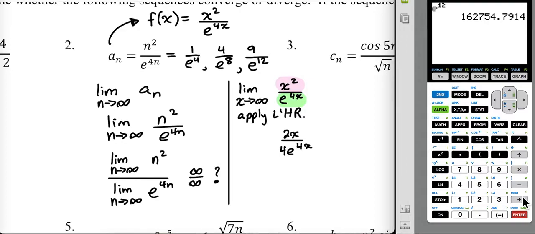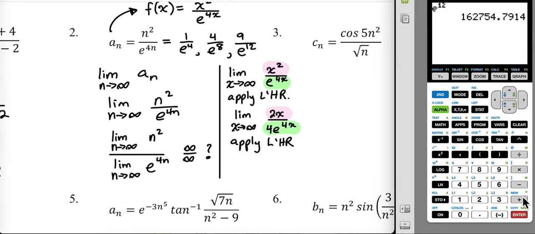So I'm going to reapply the limit as x approaches infinity. I'm going to run into the same problem, though. It's going to give me infinity over infinity, so I'm going to apply L'Hopital's rule again, because if I evaluate the limit, it's indeterminate.